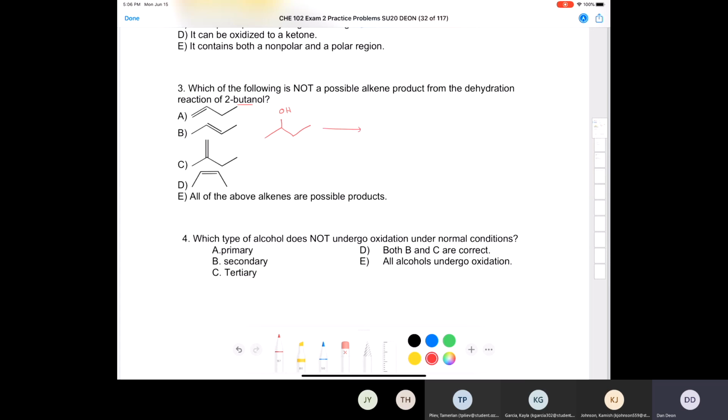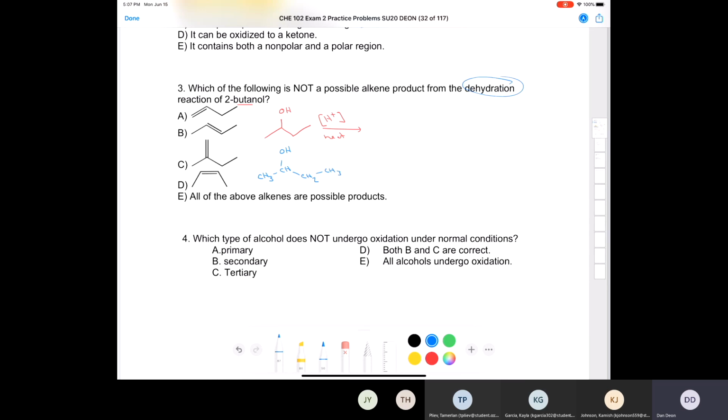The way that we do that is by treating it with a catalytic amount of acid and by heating that. What we're going to do is look at the carbon-OH carbon, and then go to the carbons next door. So if I draw out the condensed structure, CH3, CHOH, methylene, and then another methyl group, right?